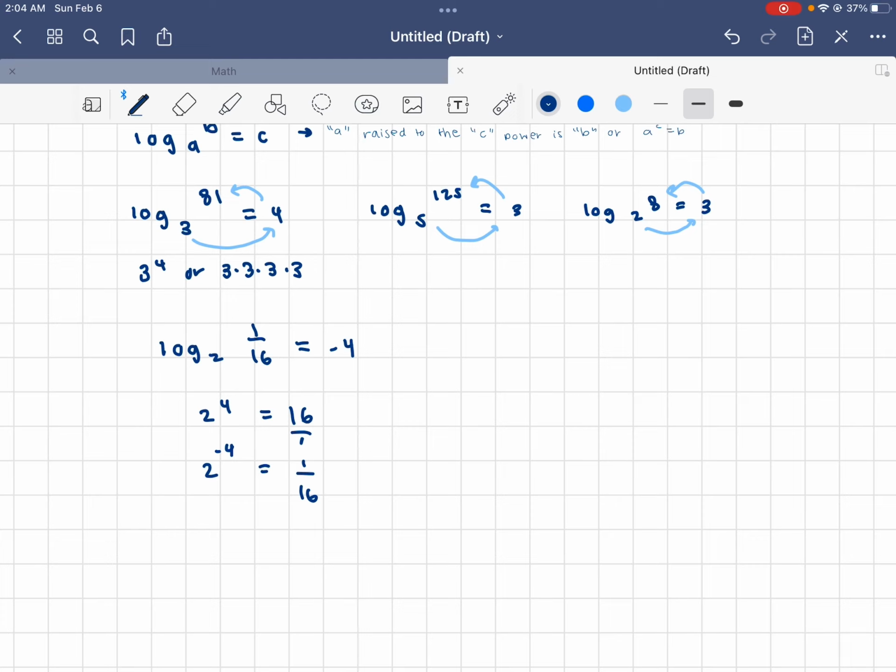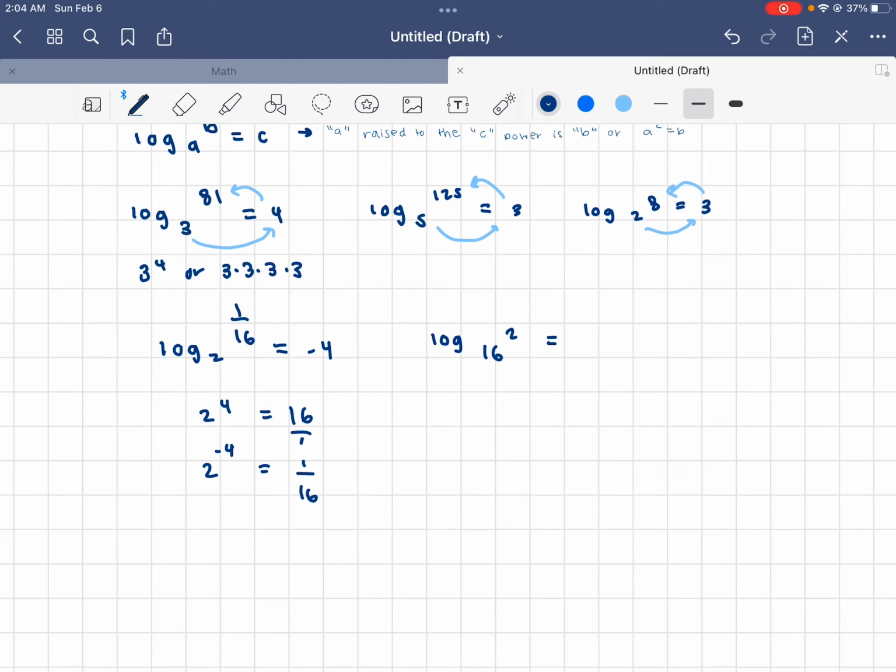So let's do another one. Let's do one where our base, which is this number here, is a lot bigger than our exponent. Okay. So let's do log base 16 of 2. 16 raised to the power of what gives us 2?